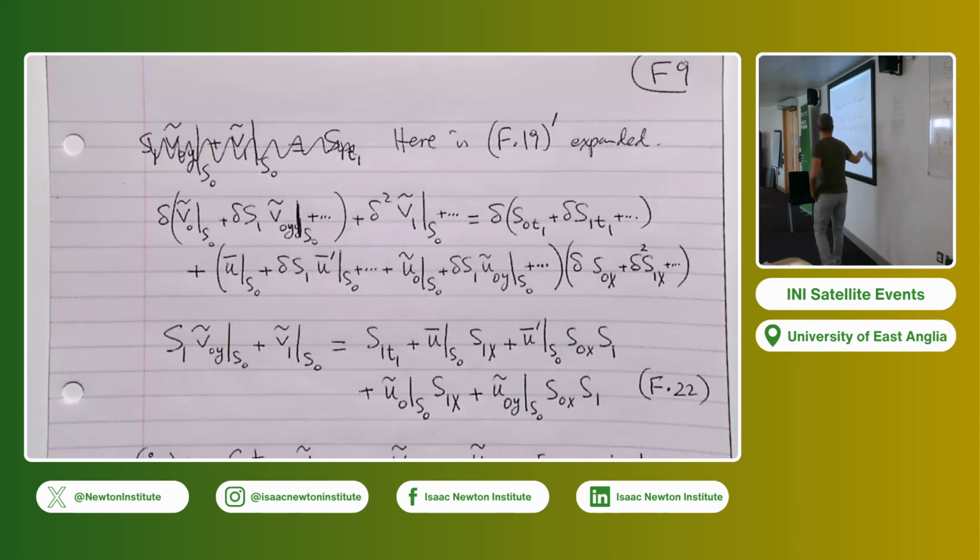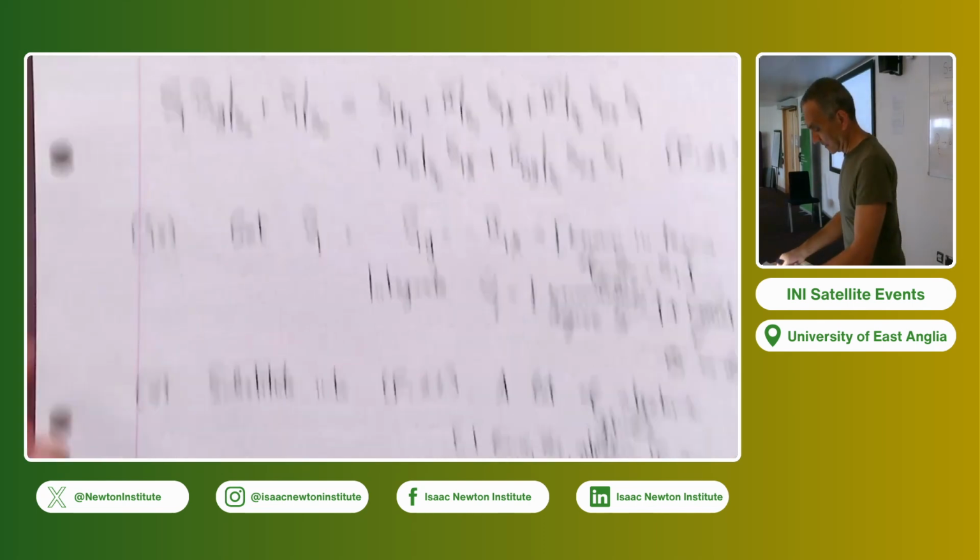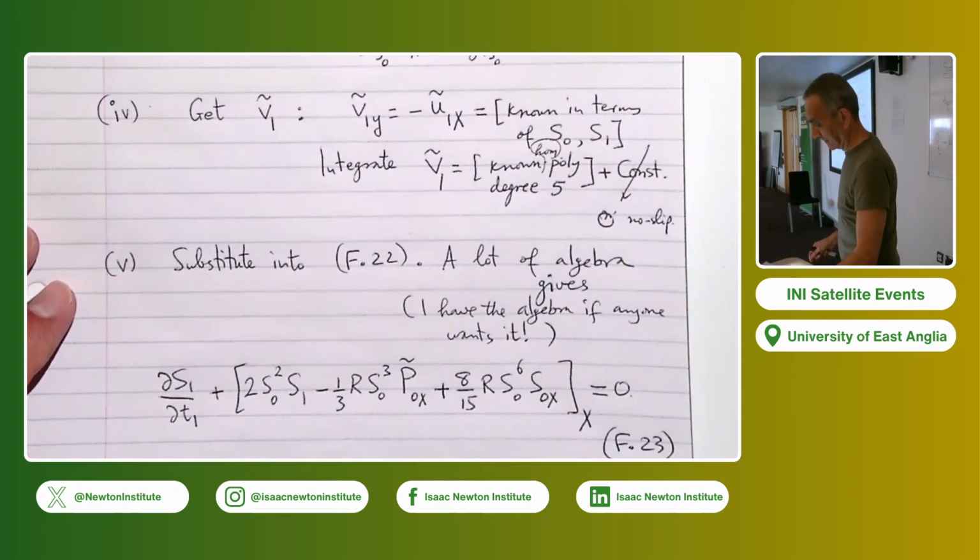Okay, and this is the equation here. So it gives me an equation for S1, ds1 dt1, involving all these various things, which in principle I know in terms of S0 and S1. Okay, so suppose I do that.